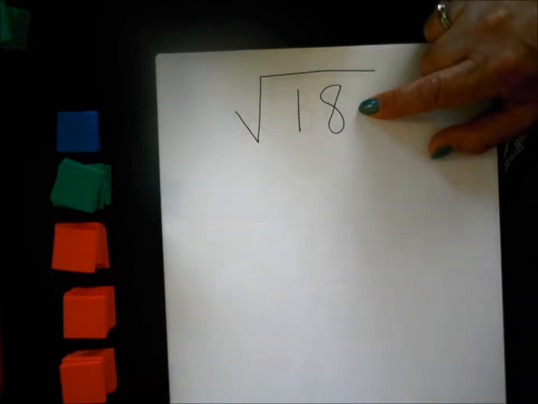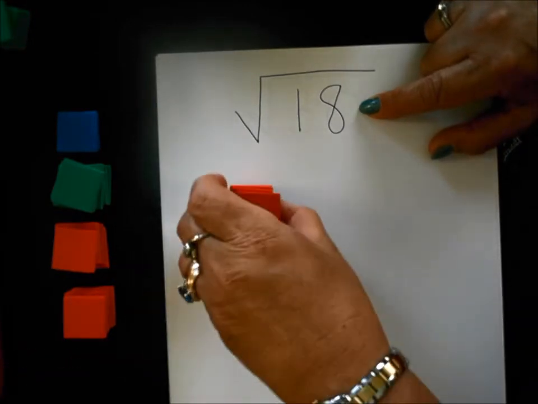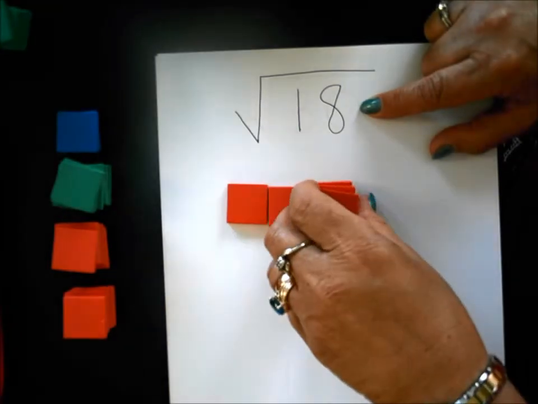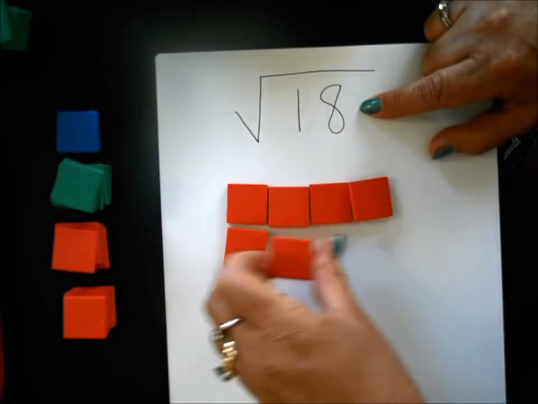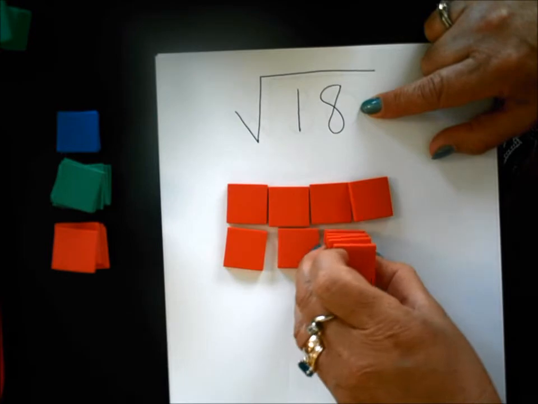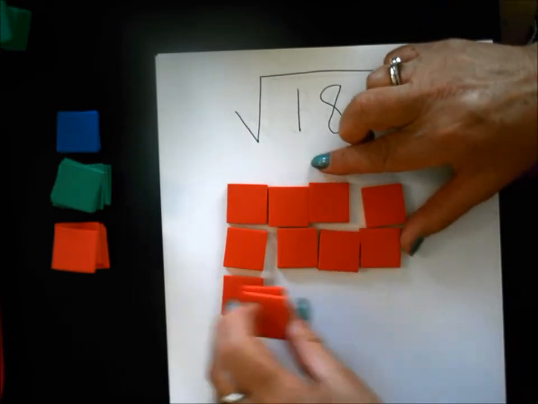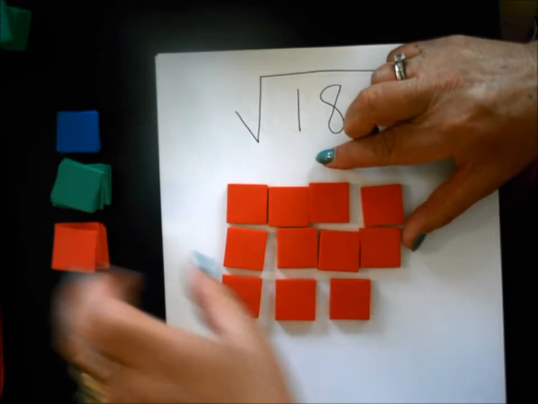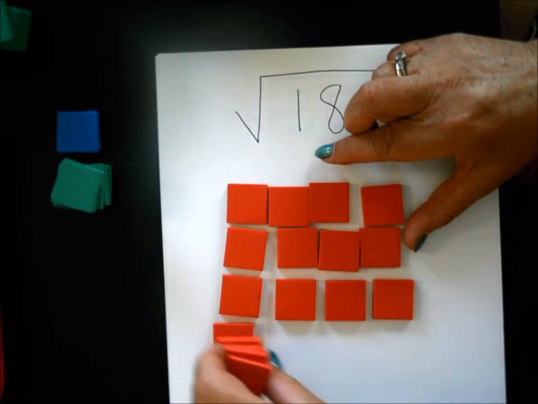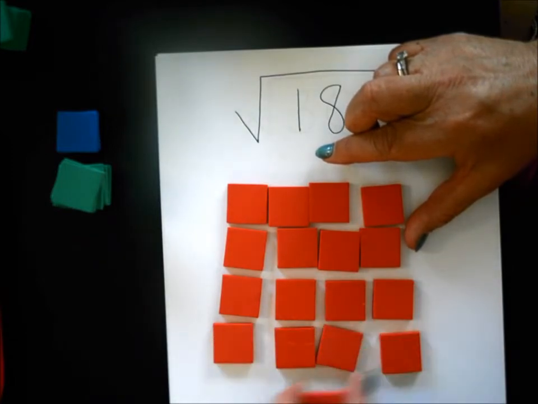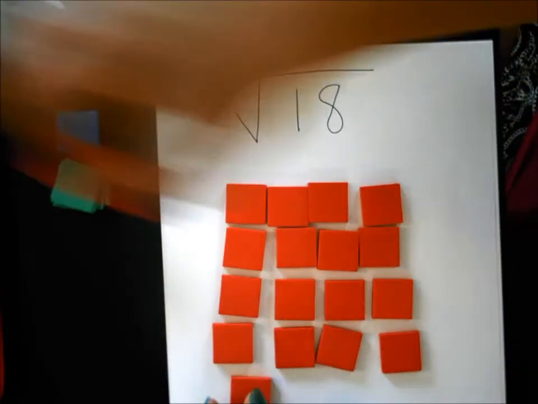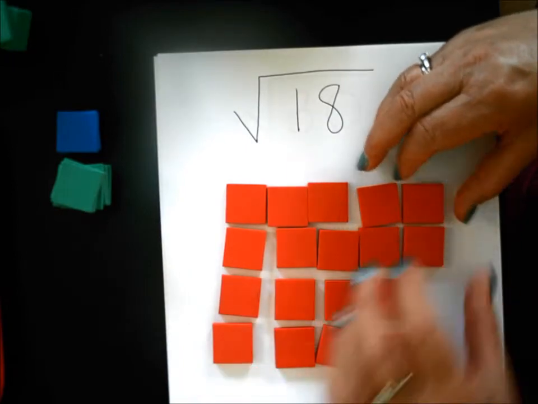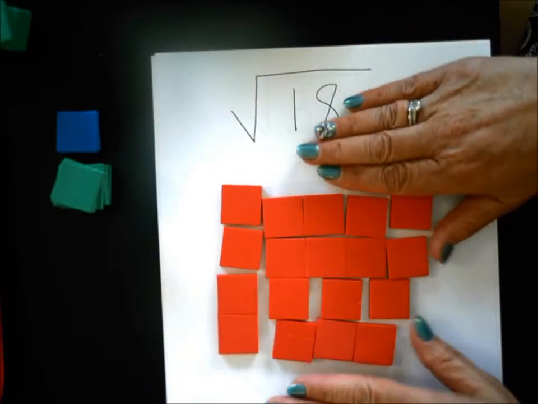Okay. To find the square root of 18, first I'm going to put down 18 tiles. And I'm going to push them all together.